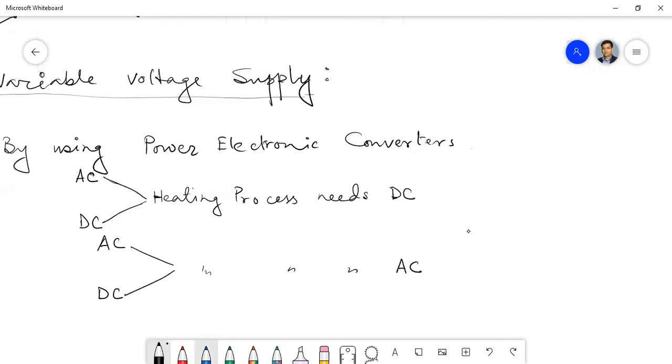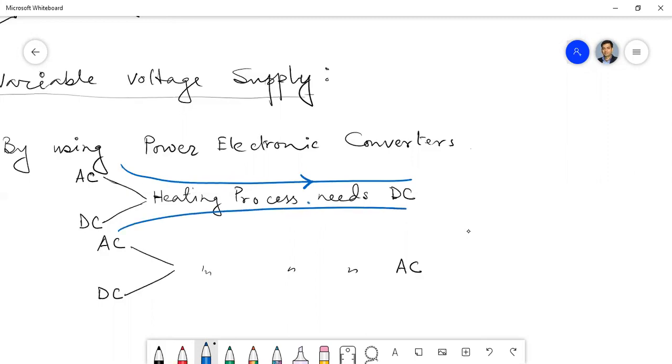Suppose I want to go this way, or I want to go this way. What do I need for the first option? A rectifier. AC to DC rectifier. No. What kind of rectifier, I'm asking? You have already gone through the whole power electronics course and you have been given some assignment. You should not say only rectifier.